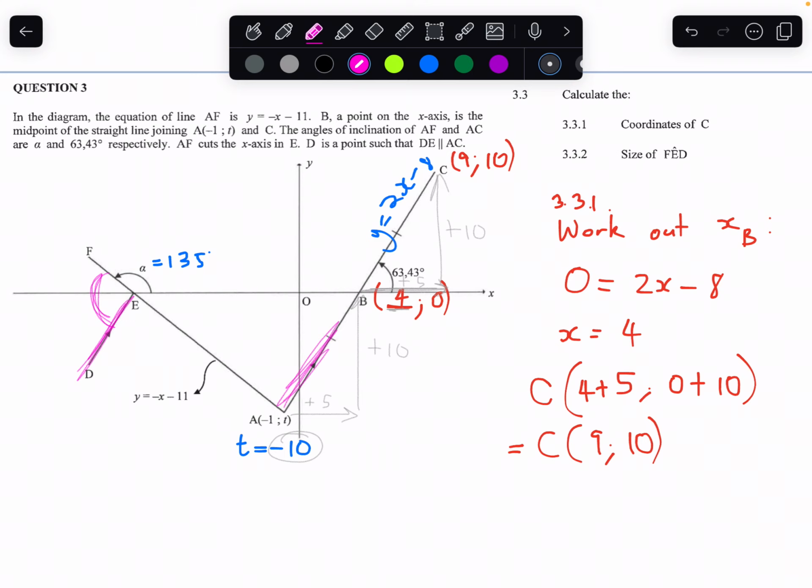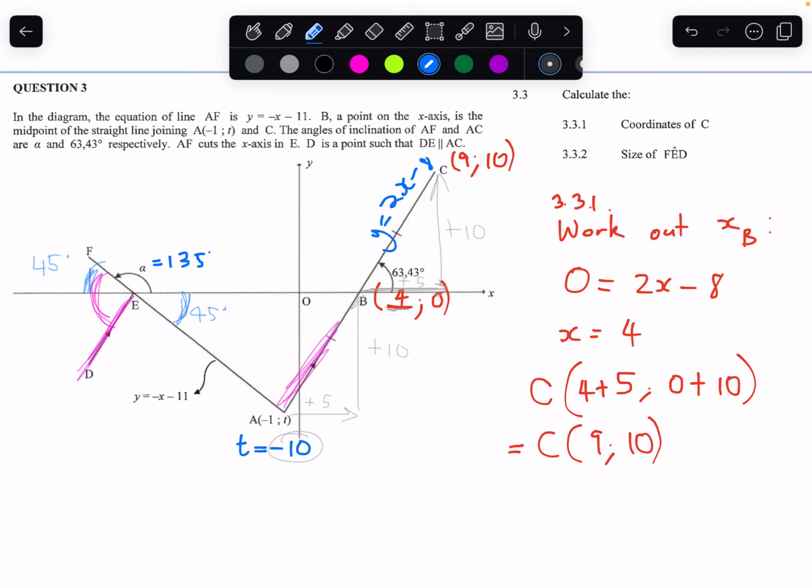So we know that this angle over here is 45 degrees because angles on a straight line. Likewise this one, because vertically opposite angles. And then what else do we know?